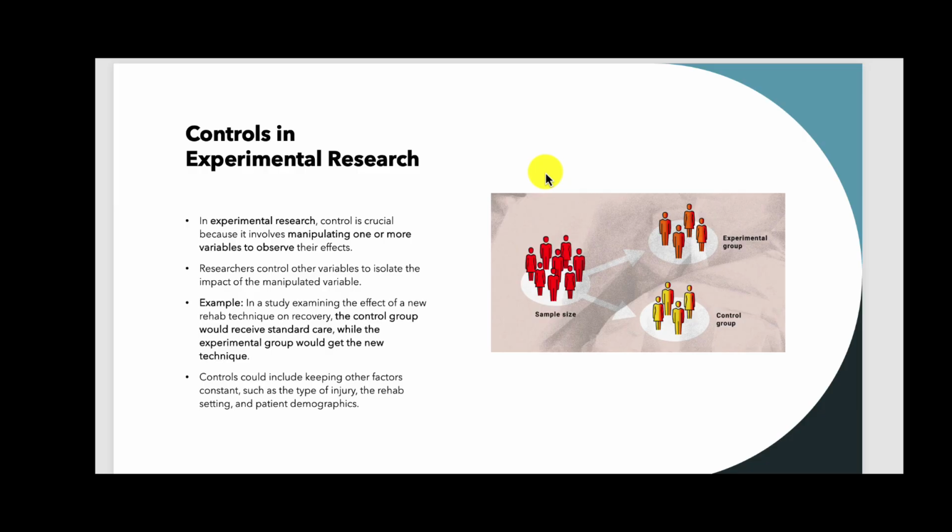And let's say after that baseline measurement, we break them into two different groups. We have the experimental group and we have the control group. The control group, we're not going to do anything to. We are going to let them go through the entire duration of this study without receiving any sort of treatment. But the experimental group, we're going to give them an intervention.